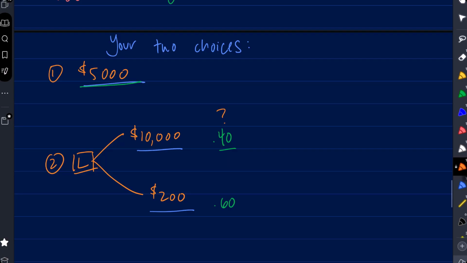If you took choice 1, in this case the $5,000, instead of the lottery, then you want a probability for the lottery that is higher. Or if you chose the lottery instead of choice 1, the $5,000, then you want a probability that is lower. So let's say you chose number 1 in this case, you would take the $5,000 if the probability of winning the lottery was 40%.